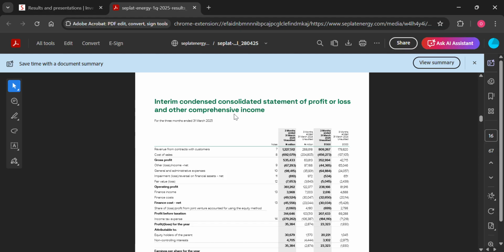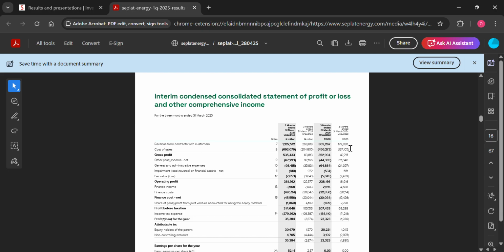It is the financial performance over a period from the first month to the third month. This is it. And then always take note of this is in naira. As you can see, this 2025 is in naira, and it will be compared to the past year. This is also in naira. Then this is in dollars, $1,000, and this also is in $1,000.